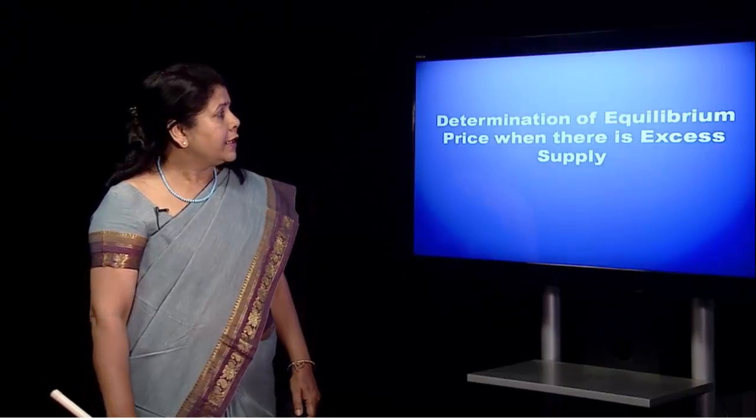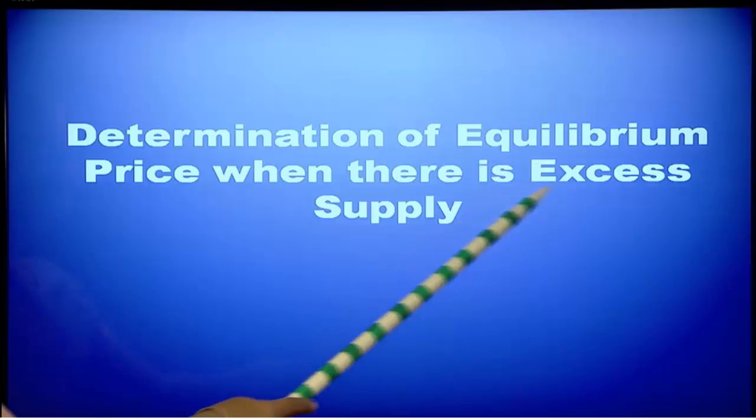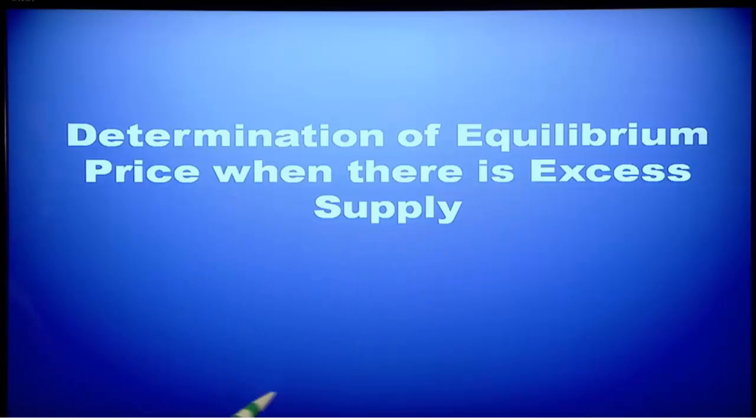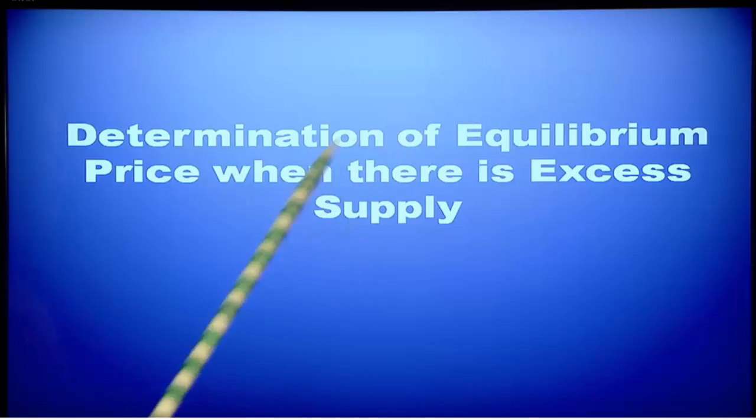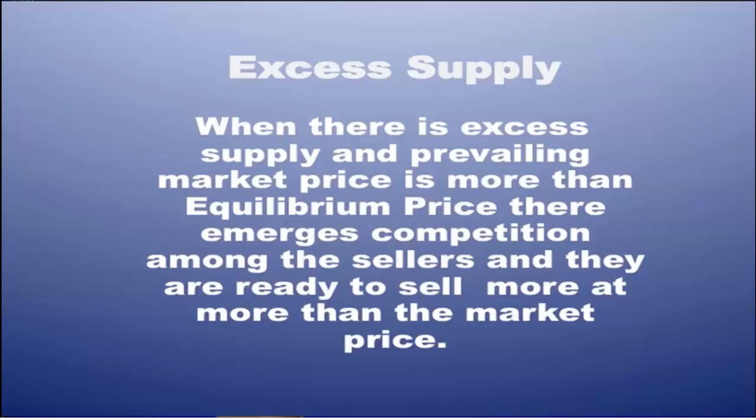Let us understand the same in case of excess supply, that is, how is equilibrium price determined when there is excess supply. When there is excess supply and the prevailing market price is more than the equilibrium price, there emerges a competition amongst the sellers and they are ready to sell more. Now, this is interesting.